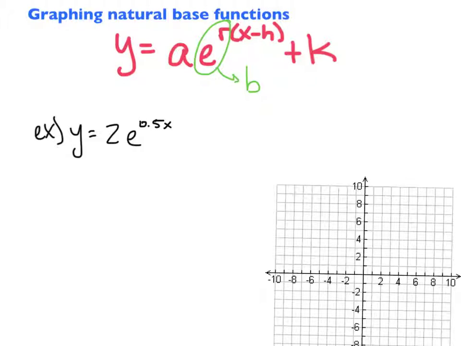So in order for all of this to be greater than 1, r just needs to be positive. If r is greater than 0, you get growth. And e to any negative number will give you a number between 0 and 1. So if r is less than 0, it's decay.